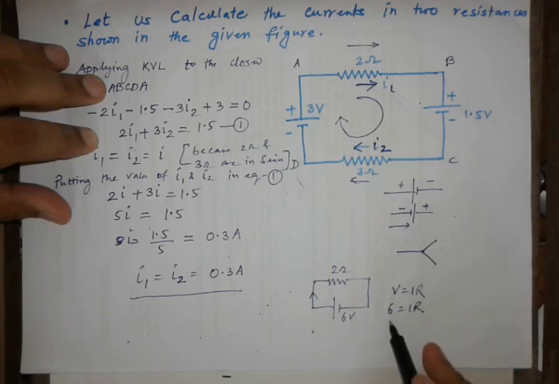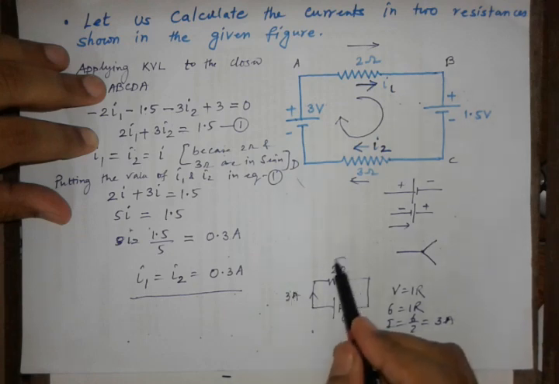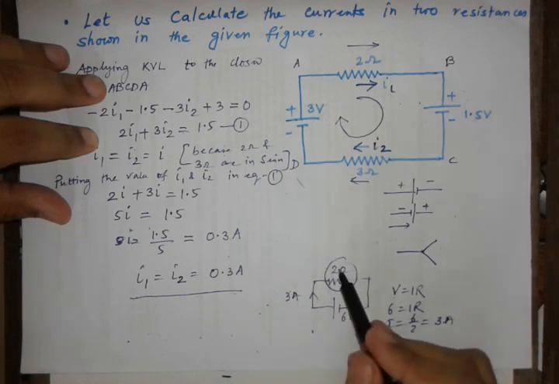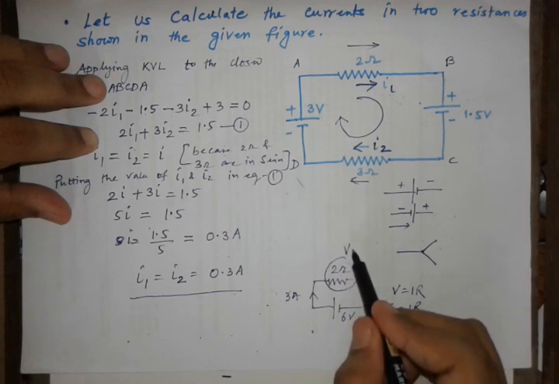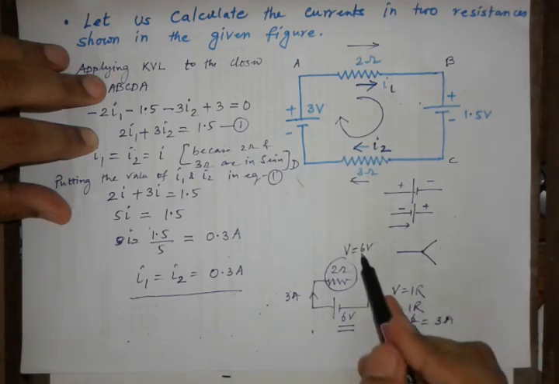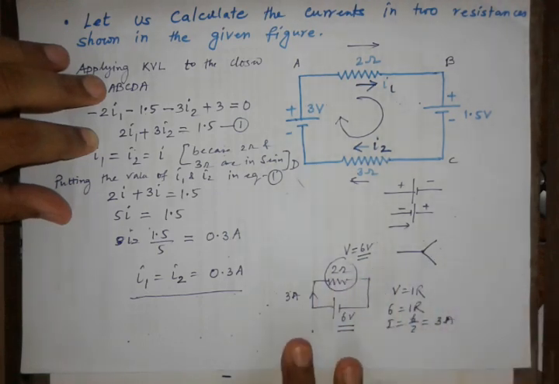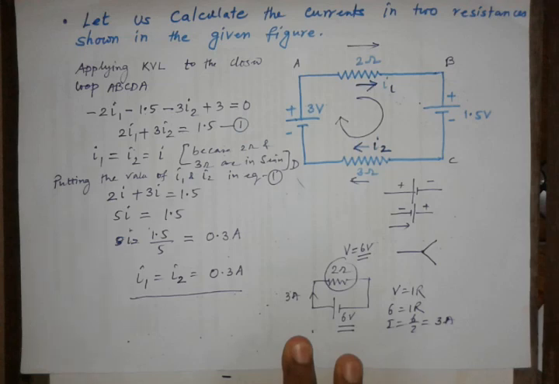R is 2, so I will be 6 by 2, that means 3 ampere. So 3 ampere current is passing. So how much voltage will drop? Voltage drop will be 6 volt. In energy you gave 6 volt, and the voltage drop is 6 volt. That is why the total is 0. So that is the concept of conservation of energy.